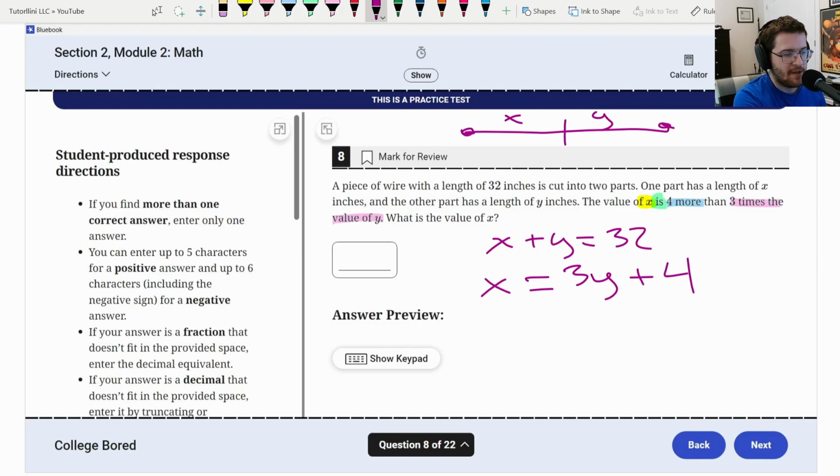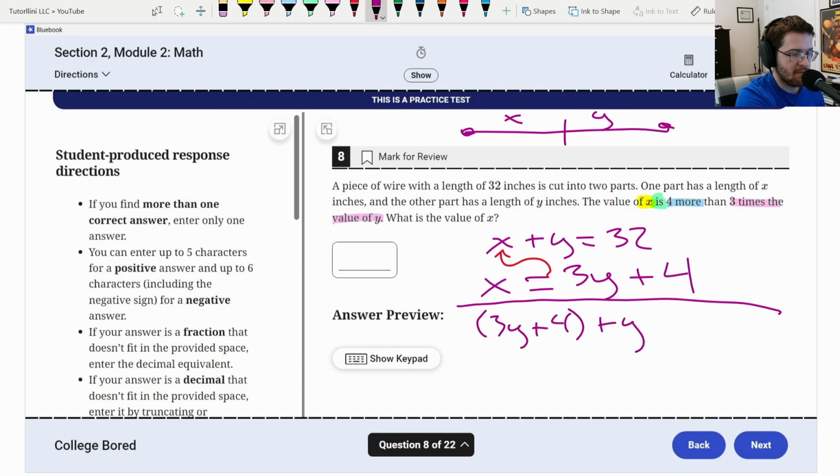I already have x by itself. We're going to do this on Desmos in a minute, but since I already have x by itself, how about I just substitute for x? So 3y plus 4 plus y, just swap those out. 32, so 4y, 3y plus y is 4y. 4y plus 4 equals 32.